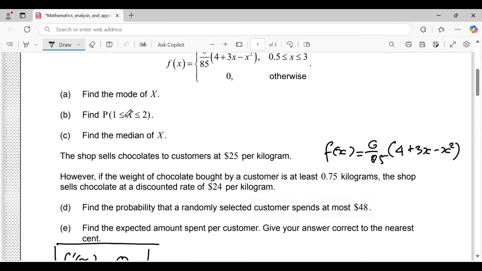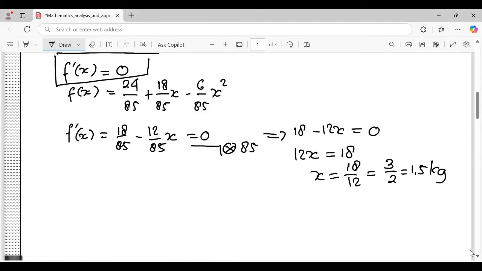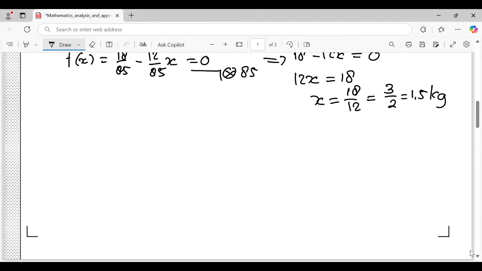Find the probability x greater than or equal to 1, less than or equal to 2. Yeah, because this problem is about a probability density function. Okay, B, the probability x greater than or equal to 1, less than or equal to 2.